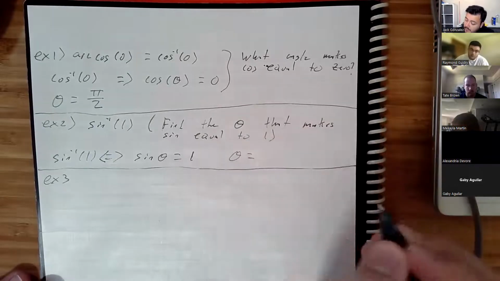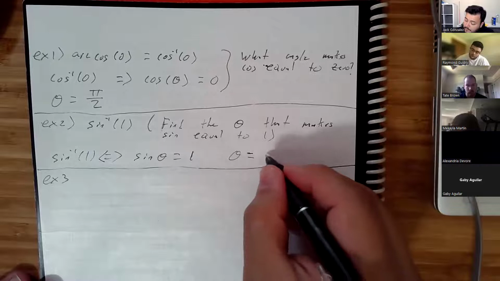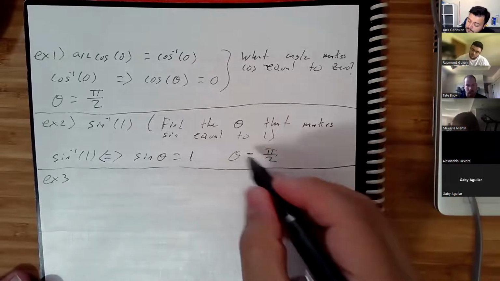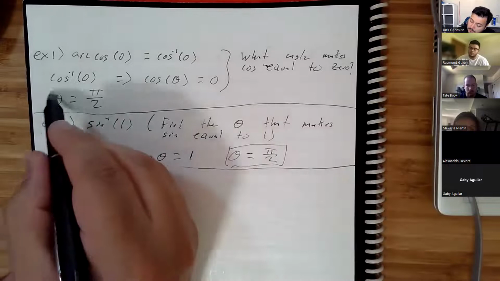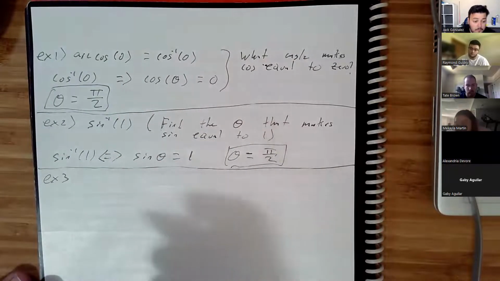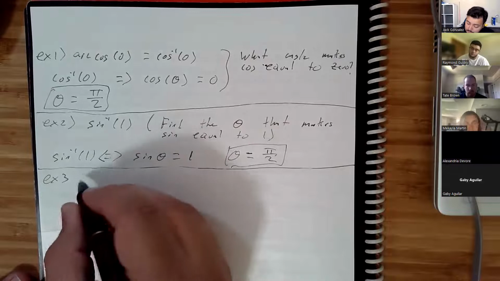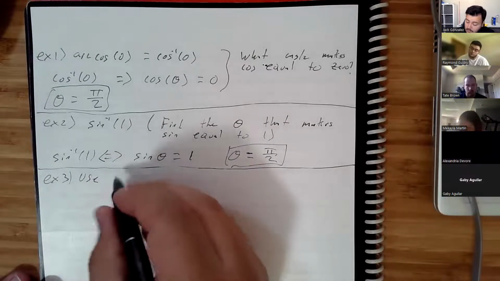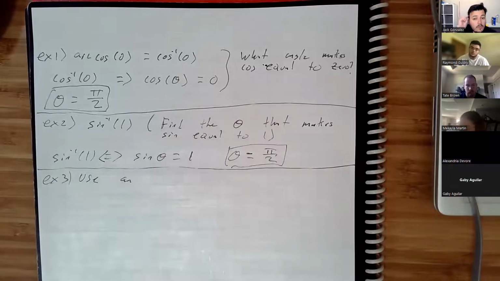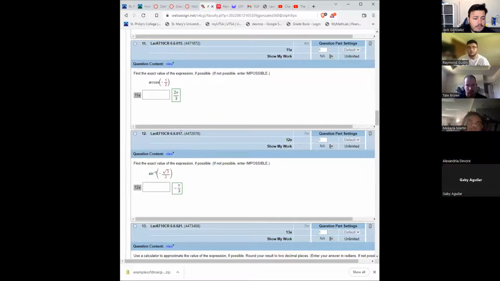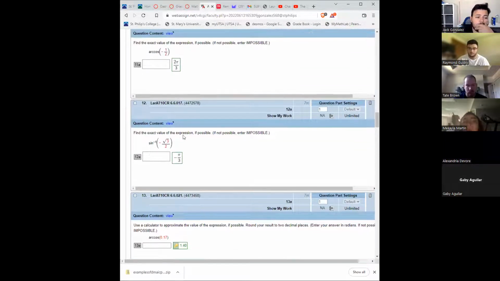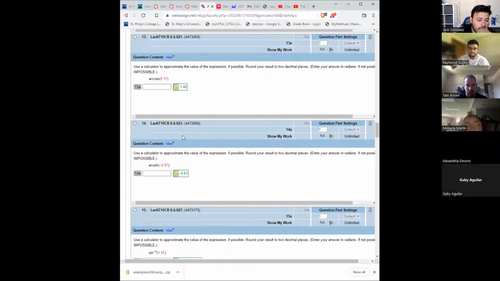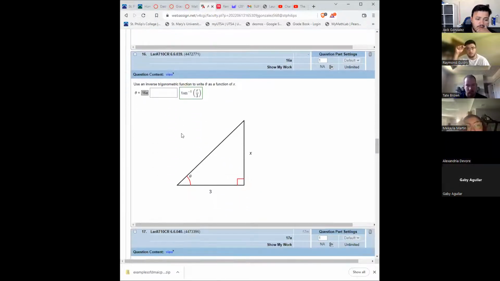Theta is equal to pi over 2. Okay. So all these are very similar, just a little bit harder, so I'll leave these to you. Let's get to something different.